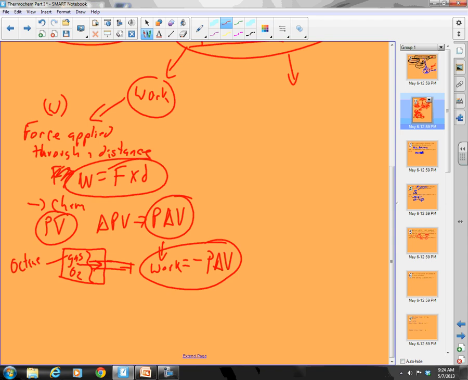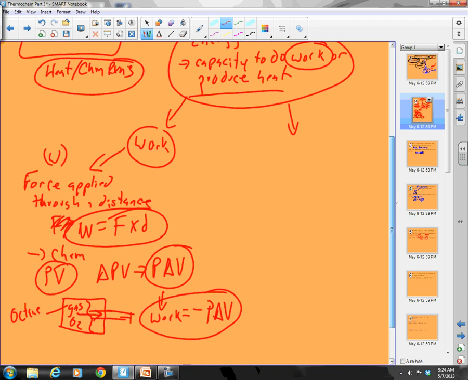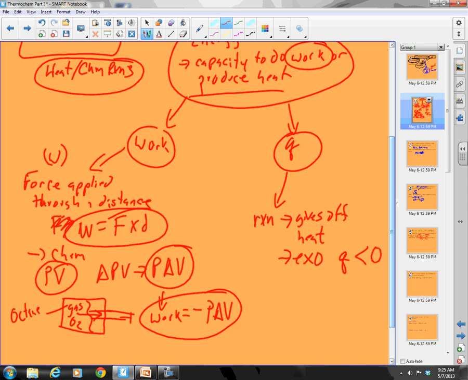And so we know a little bit about work. And we said the other thing here, when we talk about what is energy, heat, Q. And now the one question is, let's talk about the signs, the convention. Well, we know something about Q. When my reaction produces heat, we say that is exothermic, and my Q is negative, right?